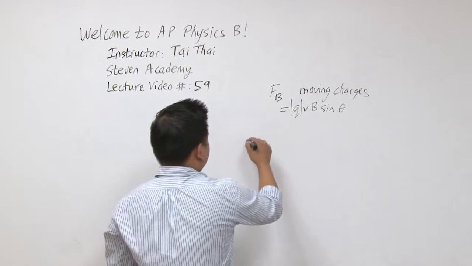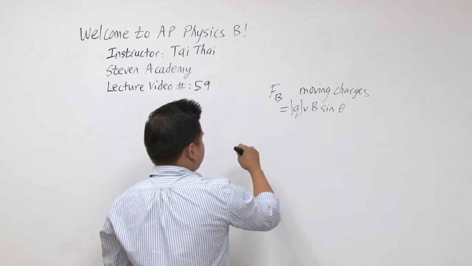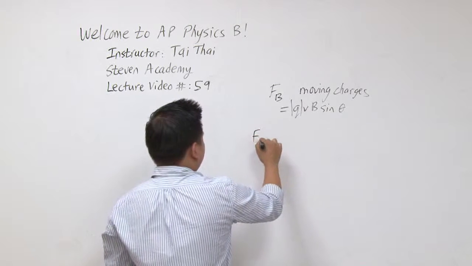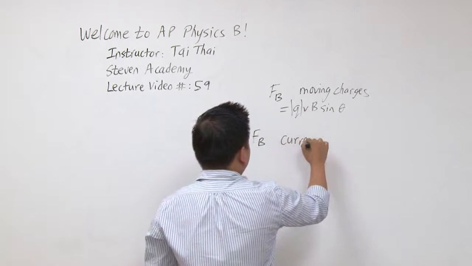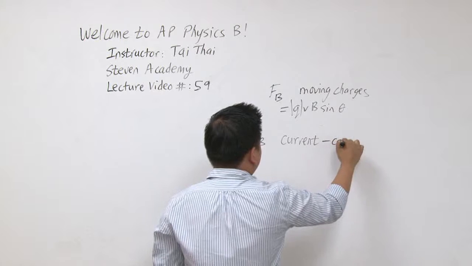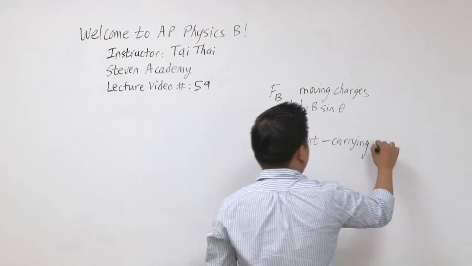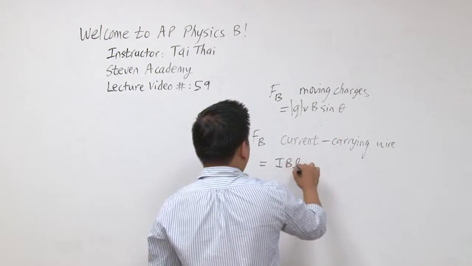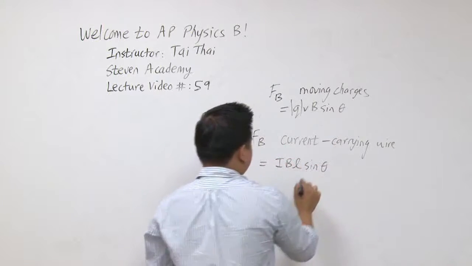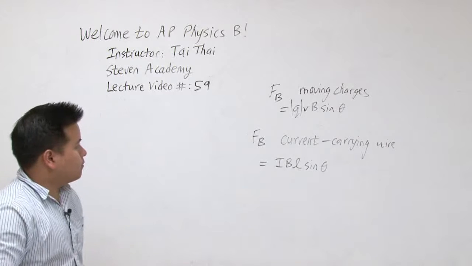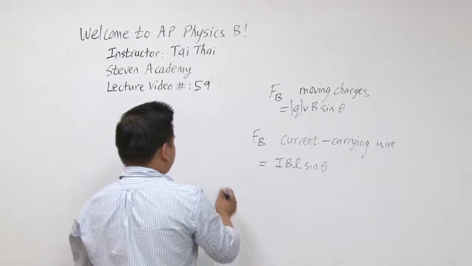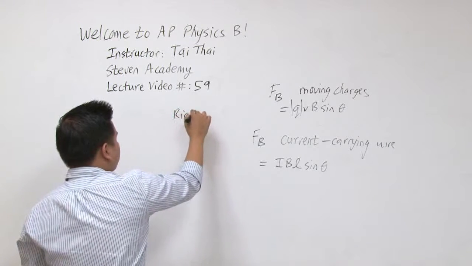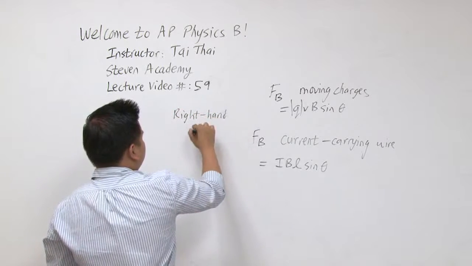And then I also talked to you about how to figure out the magnetic force on a current carrying wire, right? And that was just equal to IBL sine theta, right? Okay? And I also talked to you about the right-hand rule, right? For each of these.